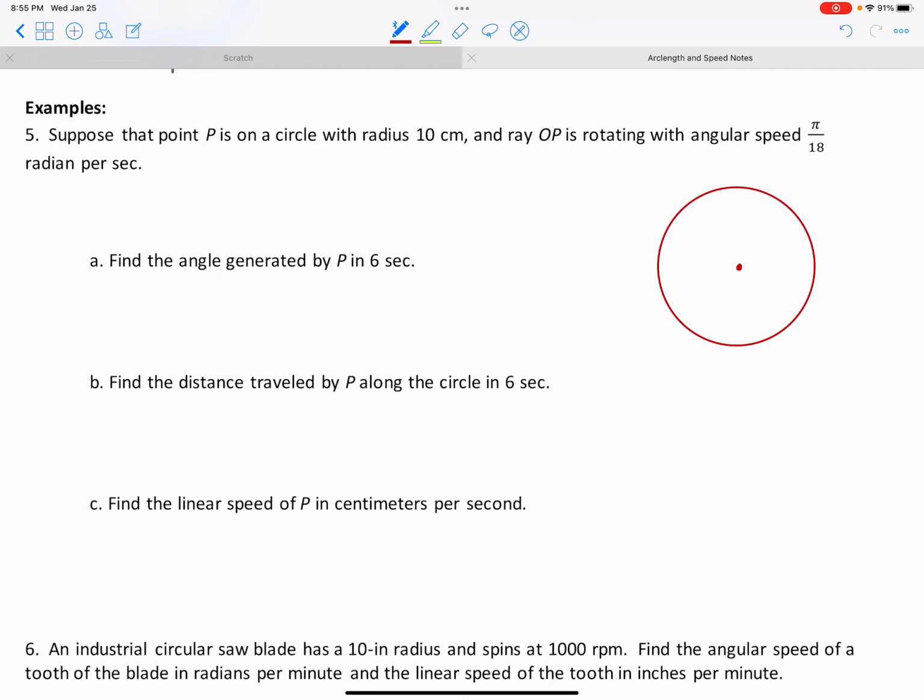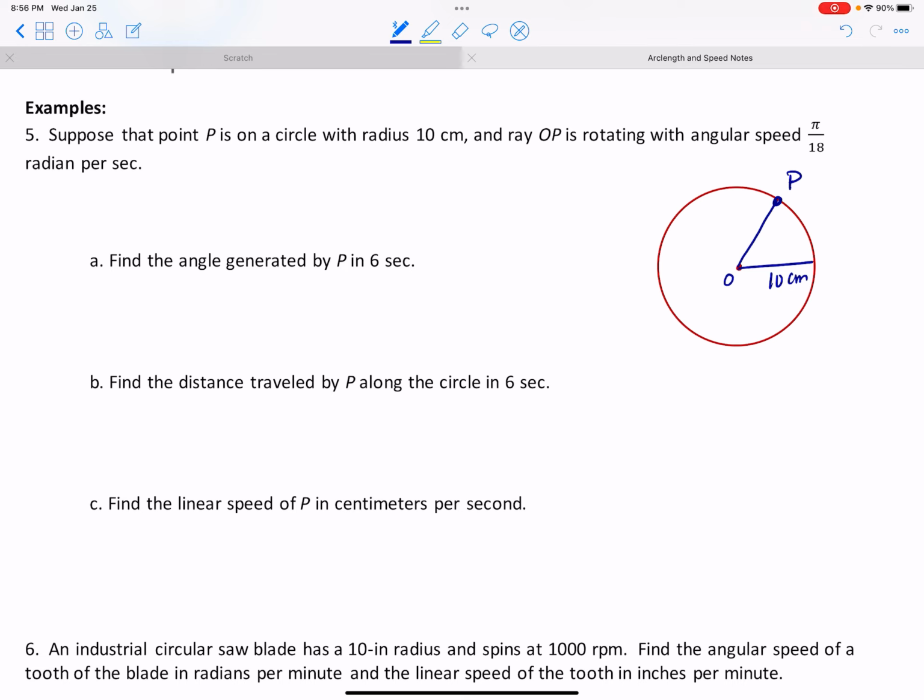Okay, so what I have is an angle being generated by P. So I'm going to draw this out. Okay, so here is the center of my circle O, and let's call this point P here. So point P is on the circle with a radius of 10, so let me put that in. And it's rotating.